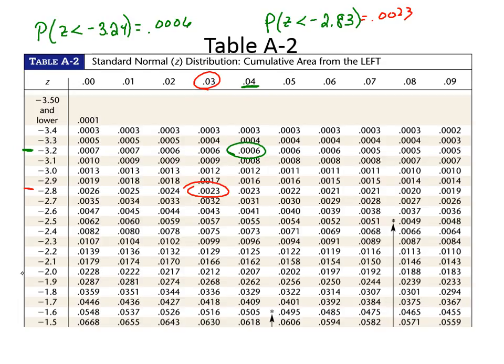For a negative z more than 3 standard deviations below, the probability would be very, very small.